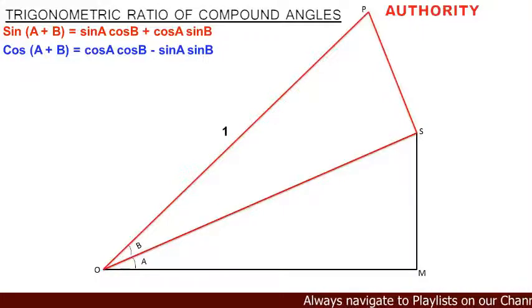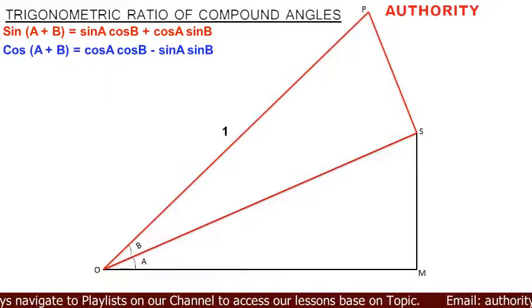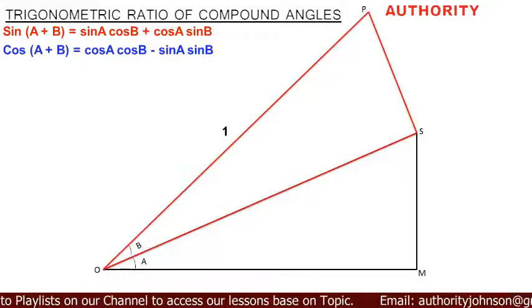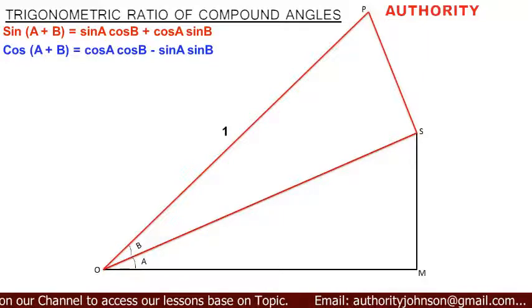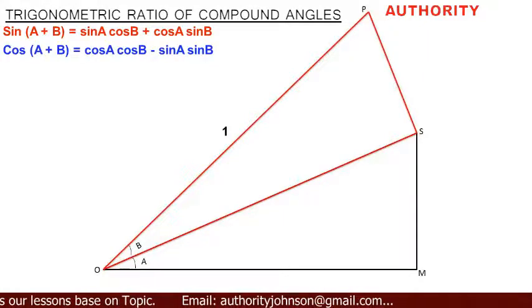Now let's go. In triangle OPS, let's have our hypotenuse, which is OP, to be 1.